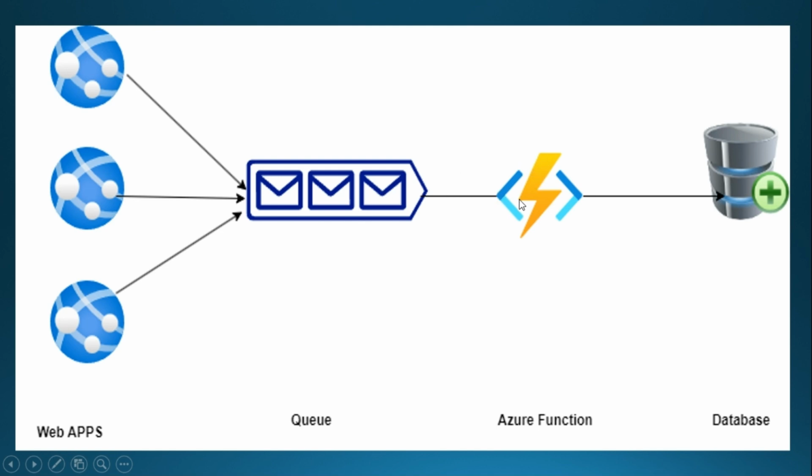As soon as a message is inserted in this queue, the function will process that message and do further processing. For this scenario, I have shown the database. That means after the message arrives in the queue, this Azure function listens to that message, processes it and saves it into the database.